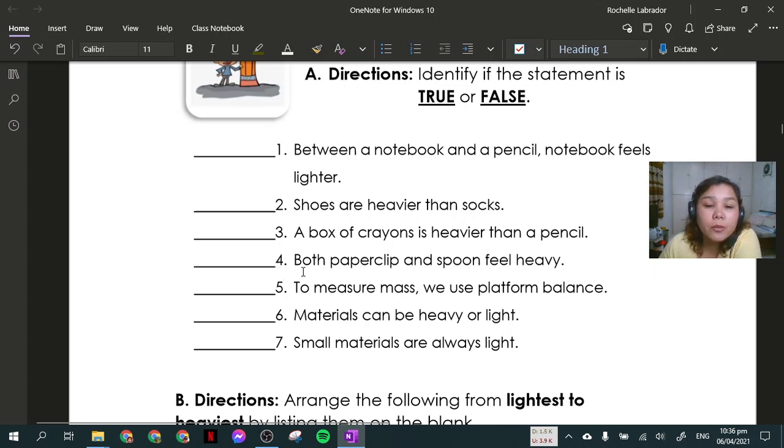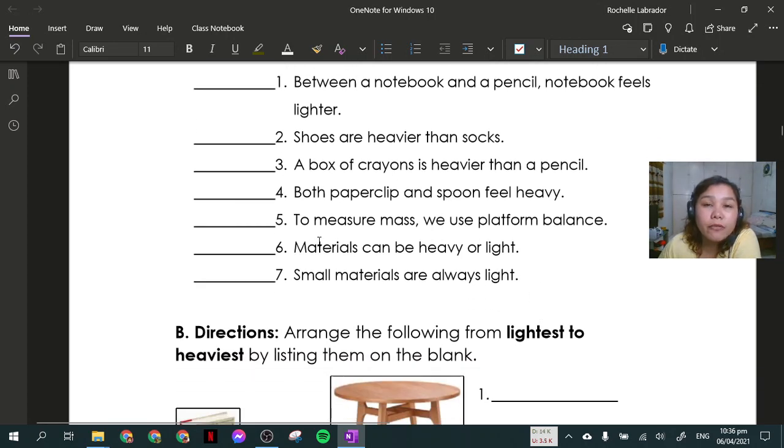Number 4, both paperclip and spoon feel heavy. Number 5, to measure mass, we use platform balance.